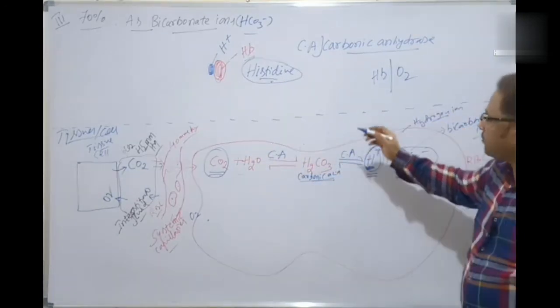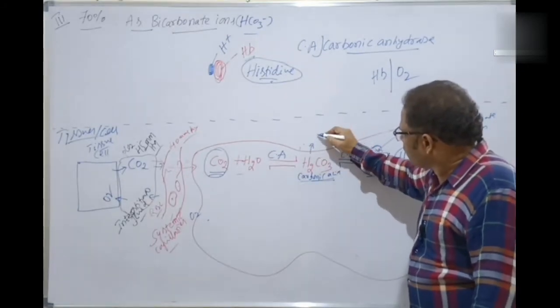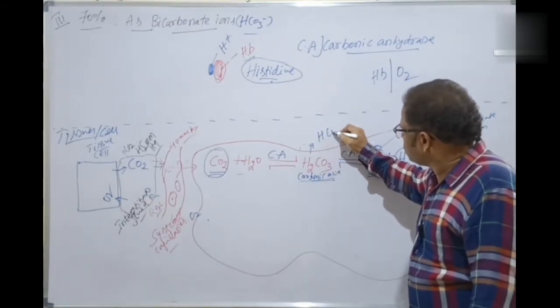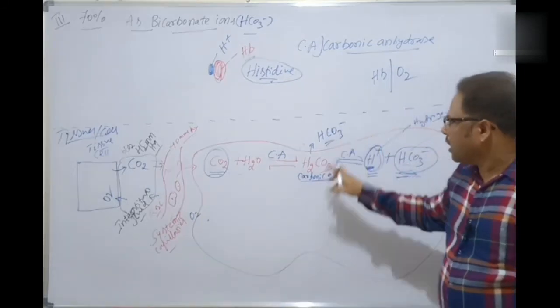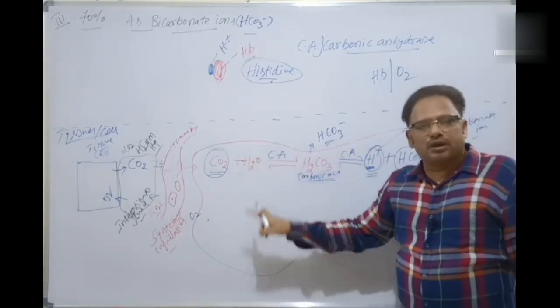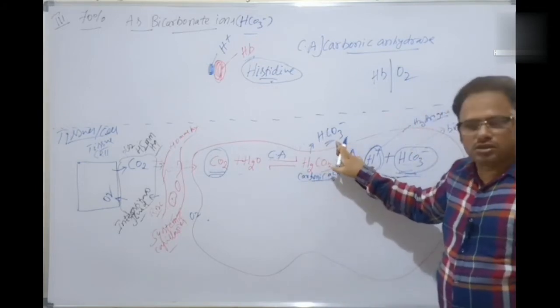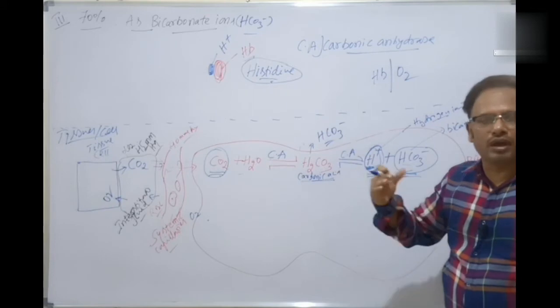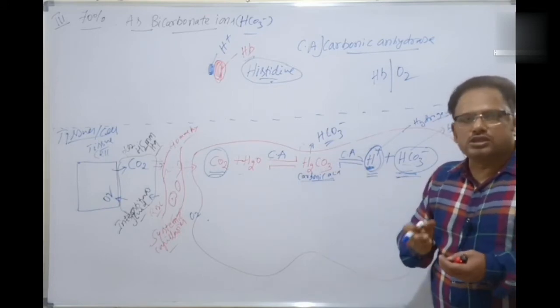This plasma membrane can directly allow the HCO3 minus ion, that is the bicarbonate ion. The plasma membrane of the RBC is highly permeable to bicarbonate ions, HCO3 minus. What is permeability? That is, the movement is free, there is no restriction.